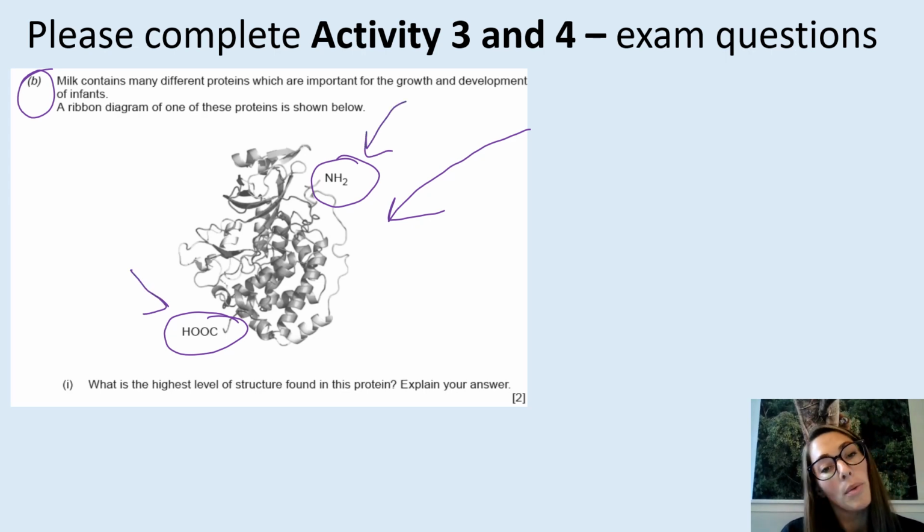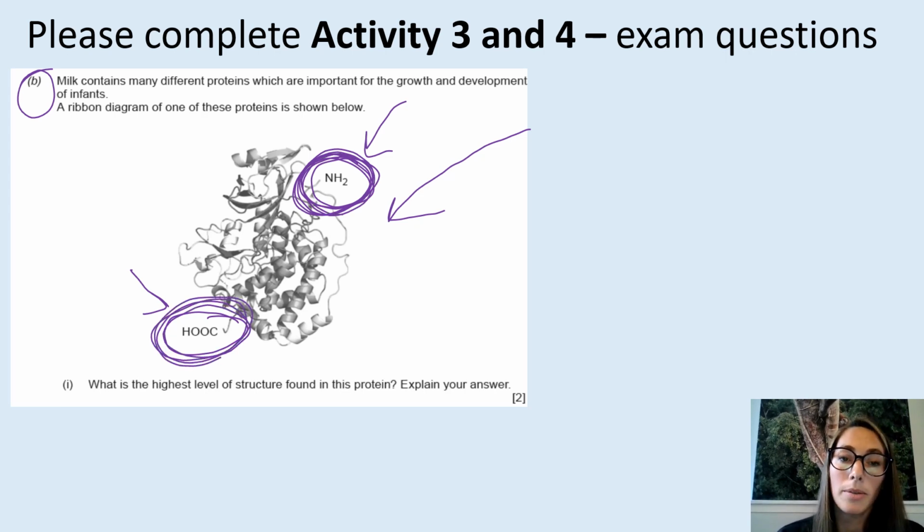What that implies to us when we're looking at this diagram is that this is one polypeptide chain, because we've only got the start of one end here, the amine group, and the other end of that chain would have the carboxyl group.